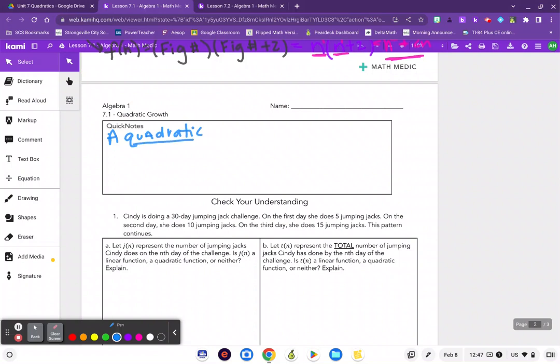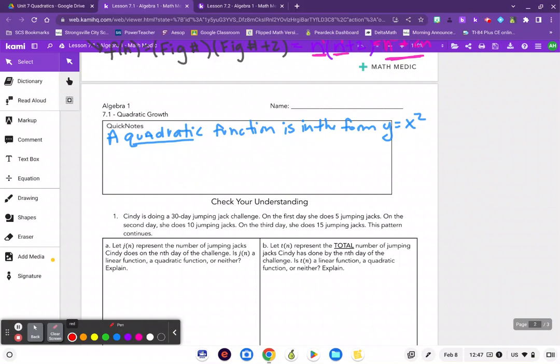So a quadratic function is in the form y equals x squared. So every function we've talked about this year so far is a linear function, just y equals x to the first. We don't even write to the first, okay? We're going to talk about a new function, a quadratic function, and this has an x squared.